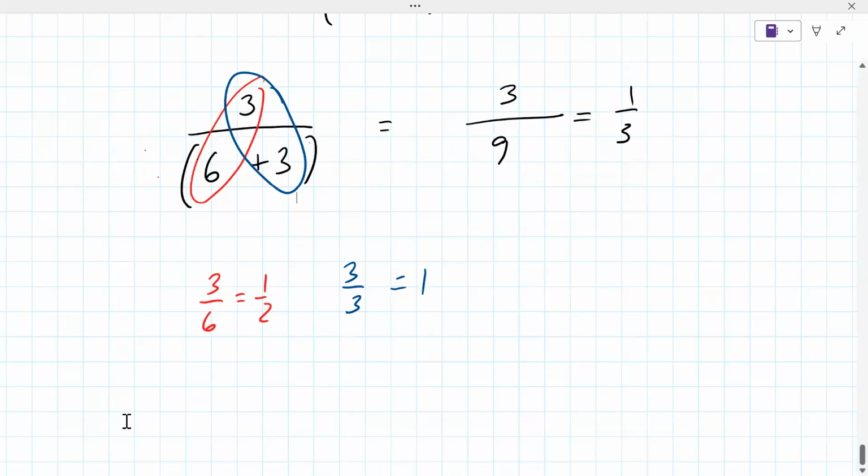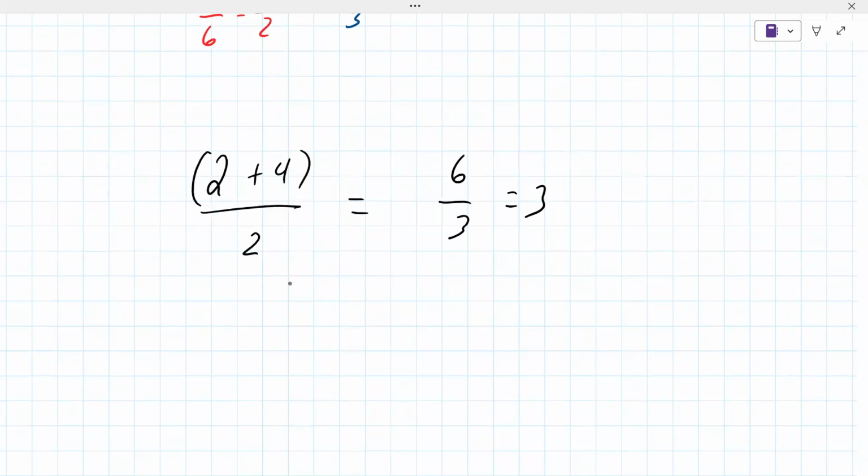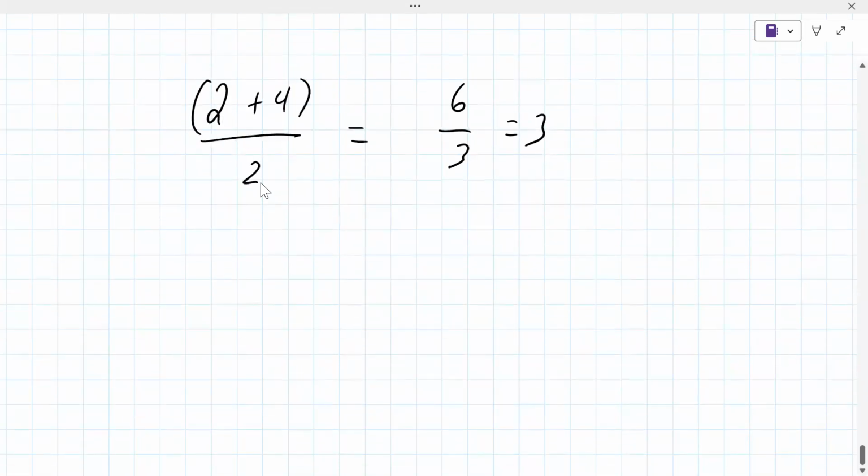Now, when can stuff cancel? Let's look at this the other way. Let's say it's 2 plus 4 divided by 2, which we know is 6 over 2, which is 3. Is that okay? Yeah. Here's what is allowed. Division is not a choice, it's shared, meaning both of these numbers have to get divided by that.